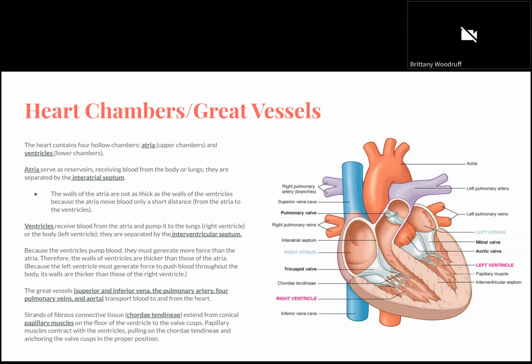You have a right ventricle, and you have a left ventricle. Okay? The whole point of the rest of this slide, basically, you have two separate bloodstreams. You have a deoxygenated going through the right and an oxygenated coming through the left. Okay? That's our heart. Very simple.